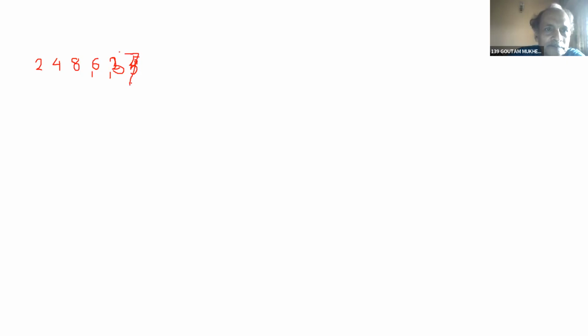This is 7, okay? 7 becomes 14. 4 I write and 1 I put below. 4 into 2 is 8 plus 1 is 9. But there is no carry. 9 into 2 is 18, like this.